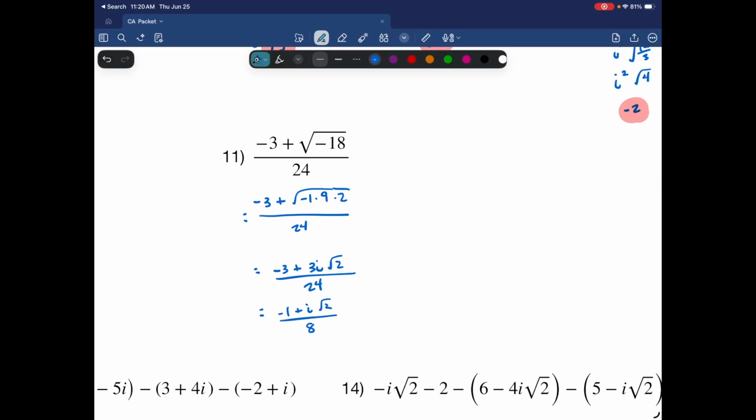So you can leave it like this, or you can split the fraction. If you split the fraction, it looks like negative 1 over 8 plus i square root of 2 over 8. So you can do either way. It really depends on how picky a person is, but both answers are correct.